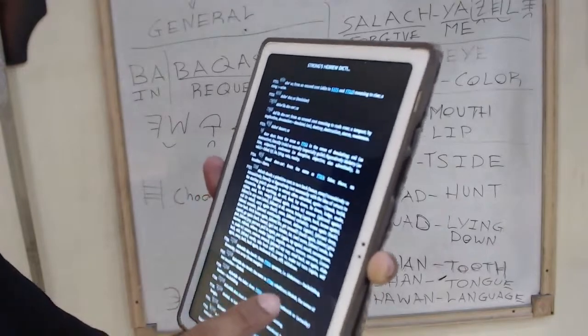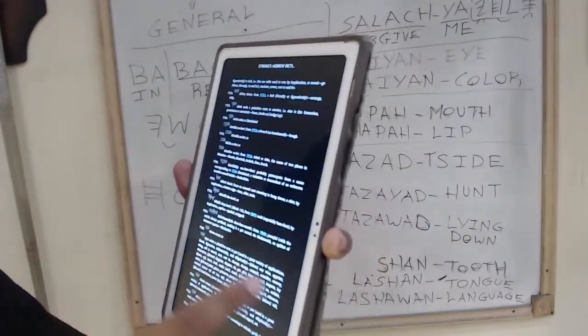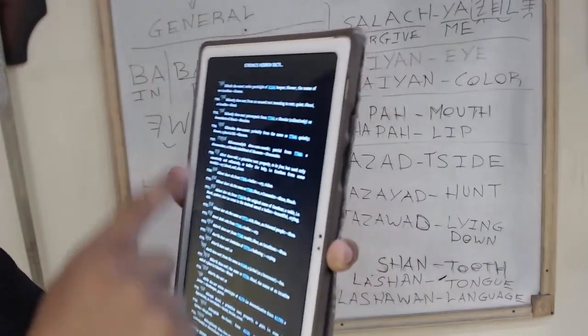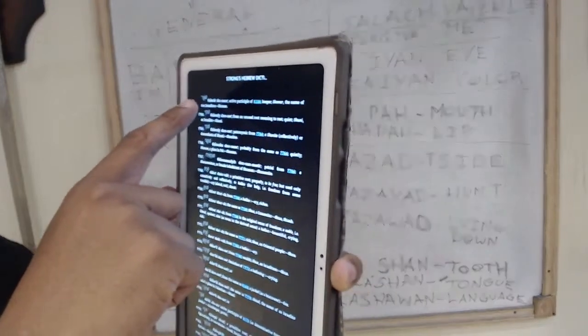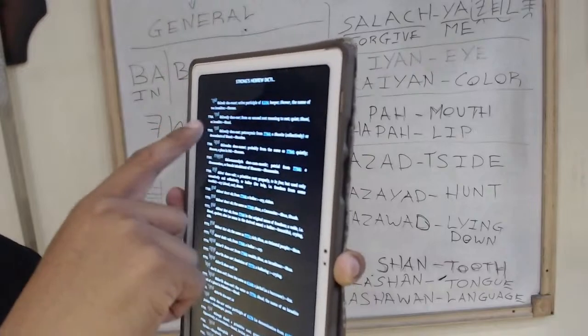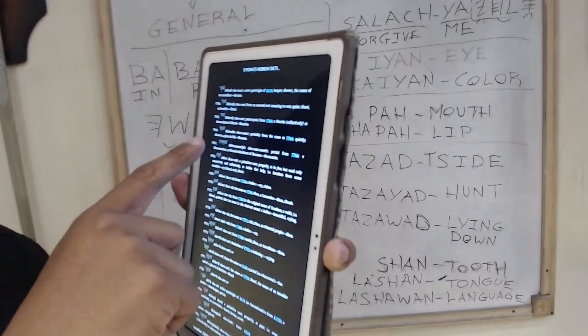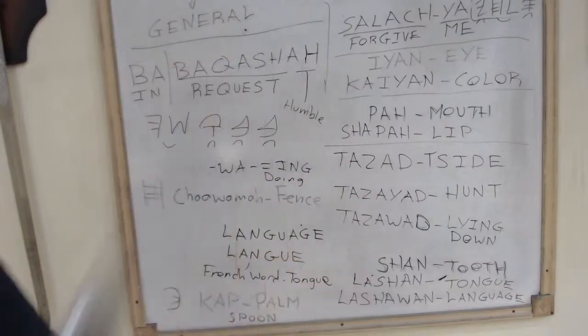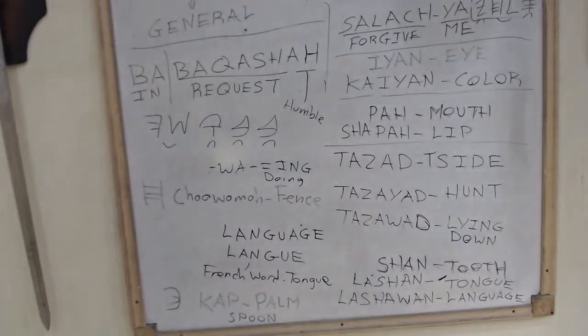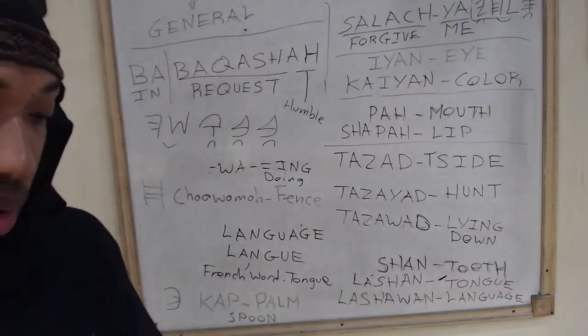Sha, wa, shawaba, shawai, sha, shamar. Okay, sha, wa. I can't make out what's saying here. Let me get my phone. Teeth, I see teeth in Ezekiel 18:2.